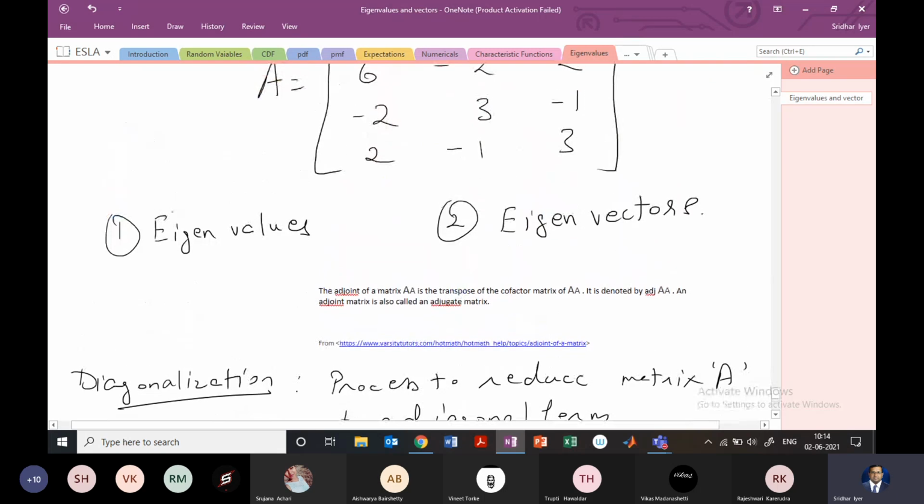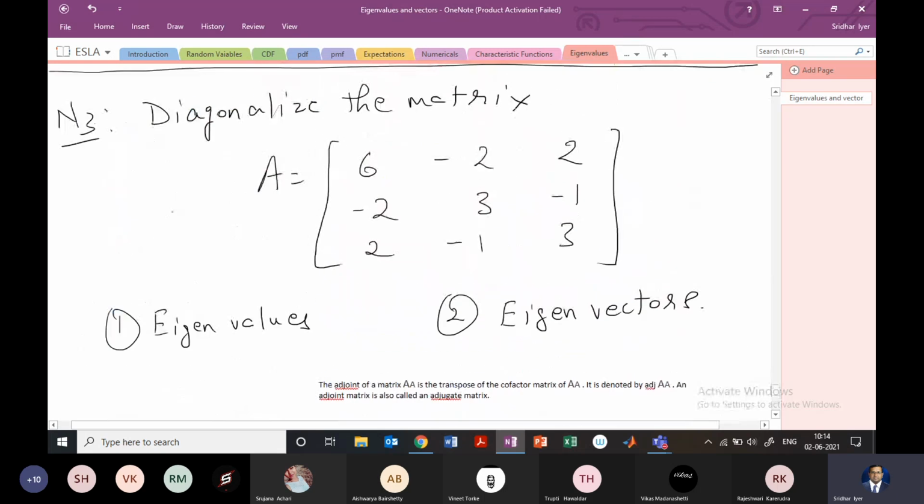Now this is the numerical which I had given to you. I will rewrite that numerical, let's see what answers we got for it, and see how to diagonalize. That is very important.